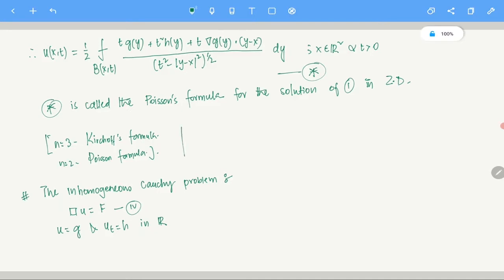Although I don't know that, I know only for n equals 2 and n equals 3. Higher dimensions we will do in the next class, because that is very complicated. But for now let's assume that we know this. At least for n equals 2 and 3 we already know: 1 is D'Alembert's formula, 2 is Poisson's formula, 3 is Kirchhoff's formula, right? So all of these three we know.